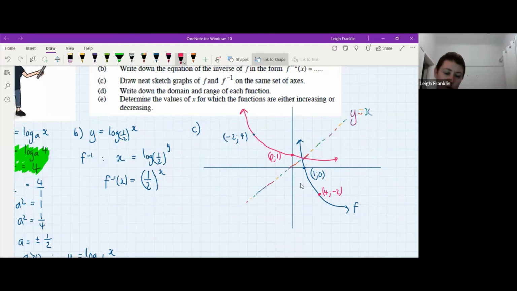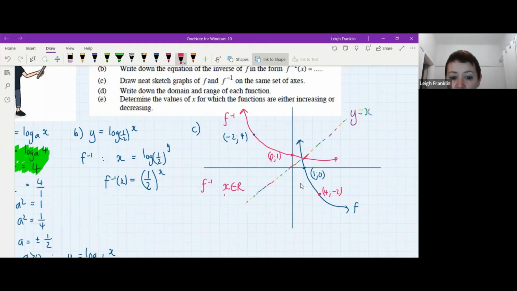We were given the log function, and we drew the inverse, which was an exponential function. As far as our inverse is concerned, what is its domain? x is an element of the real numbers.